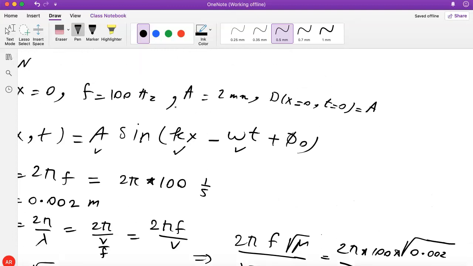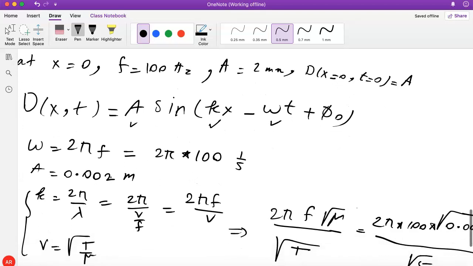All right, so let's think about phi naught. So we know at x equals 0 and t equals 0, the displacement is its maximum positive value, right?